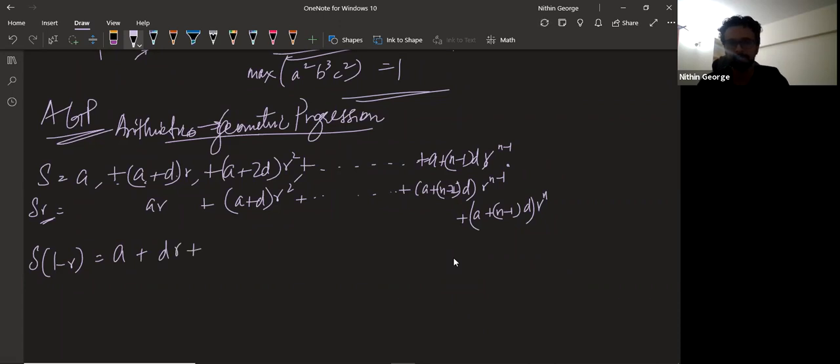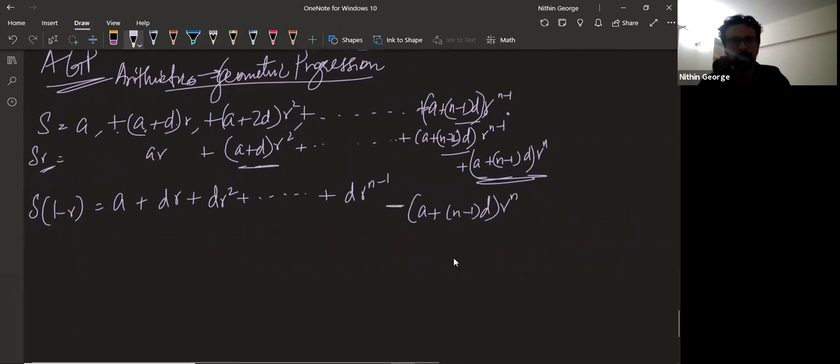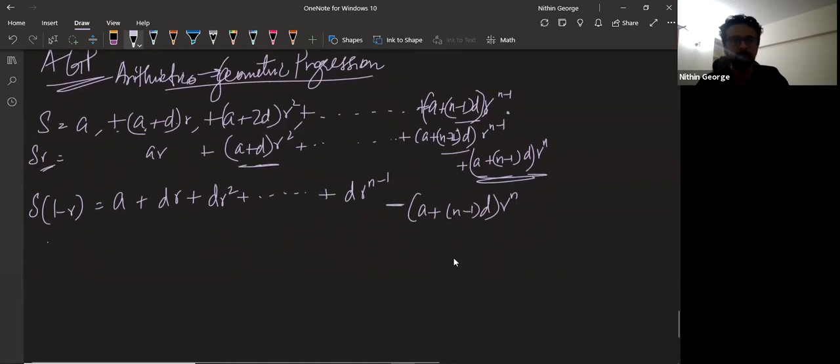Next, when you subtract these two, it becomes d into r square, all the way up till the last terms. There, a and a cancel out, n minus 1d is there, n minus 2d is there, so d will remain into r power n minus 1. Then this term is left: minus a plus n minus 1d into r power n. So this is S into 1 minus r.